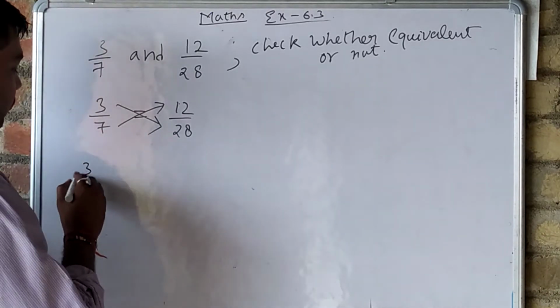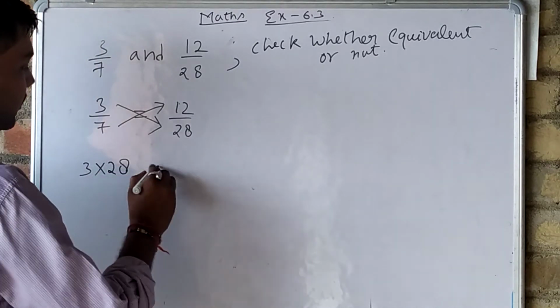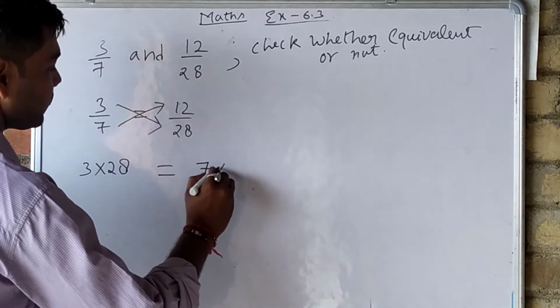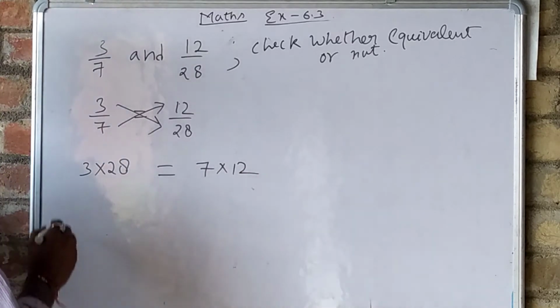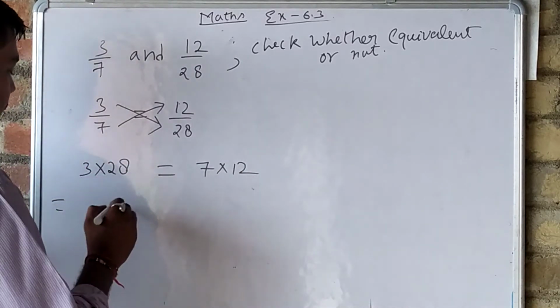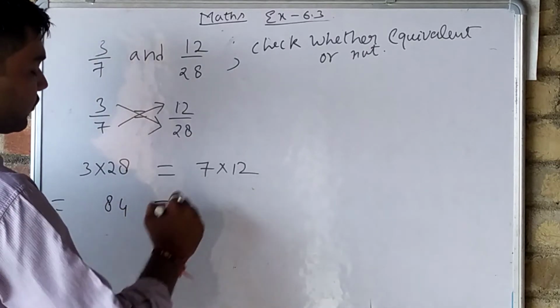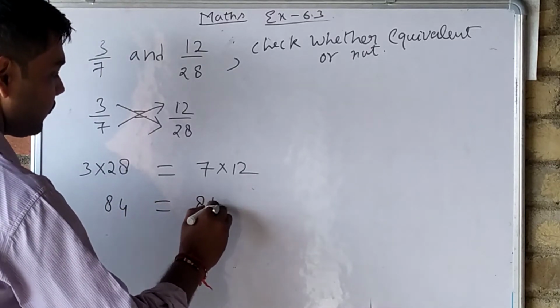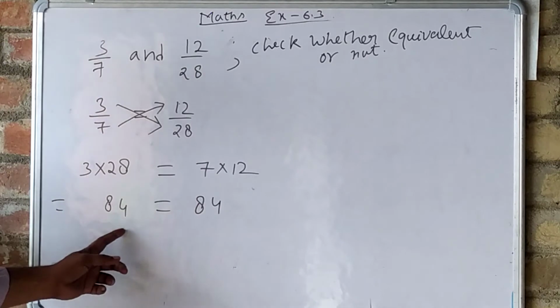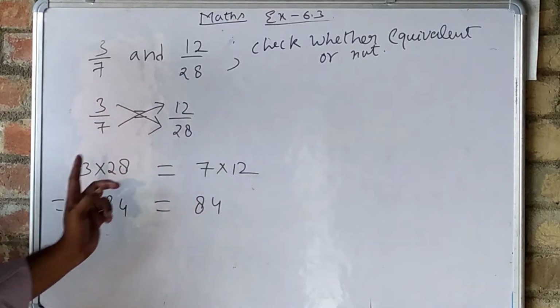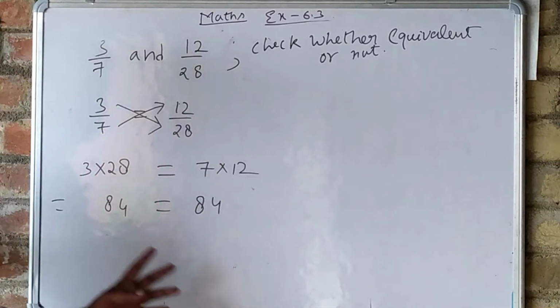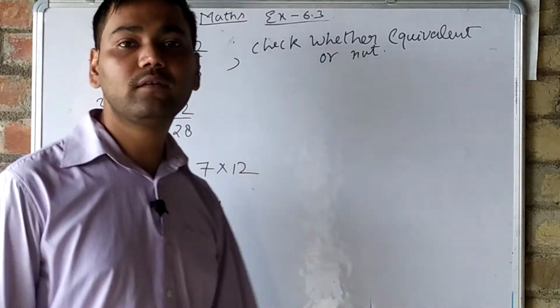That means 3 into 28. We will see whether it is equal to 7 into 12 or not. So 3 into 28: 3 eights are 24, 2 carry 3, 3 twos are 6, 7 eights, 84. And 7 twelves are 84. So now we see that yes, on cross multiplication, the value at last is the same.